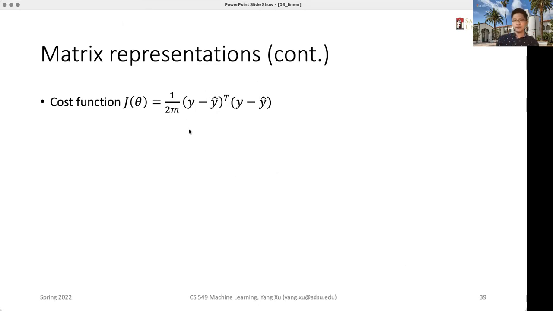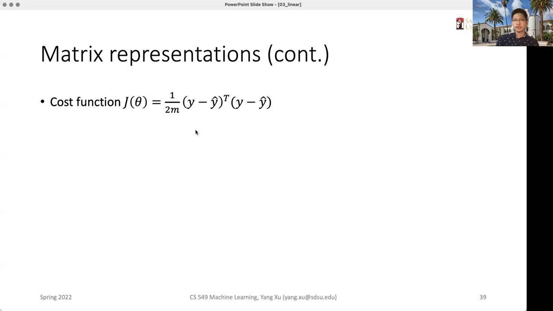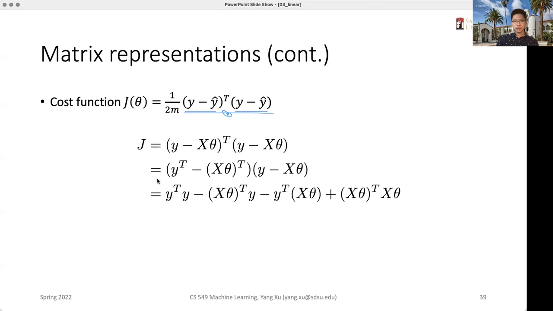And the result of transposing y minus y hat will be a 1 by n vector. So the multiplication here is also a way to compute a dot product of the vector with itself. So the J will be written like this.